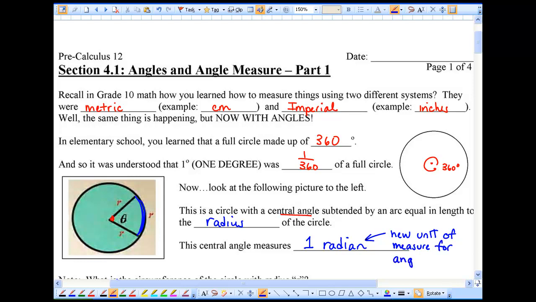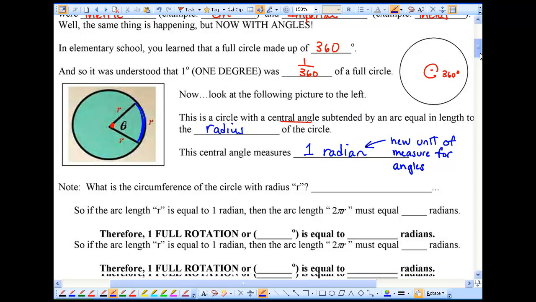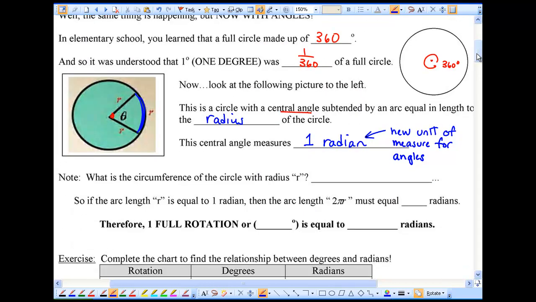Just like how we had centimeters and inches for measuring lengths, now we have radians and degrees. Now, we need to find a relationship between these two, just like how we have a relationship between centimeters and inches. So let me follow along here.